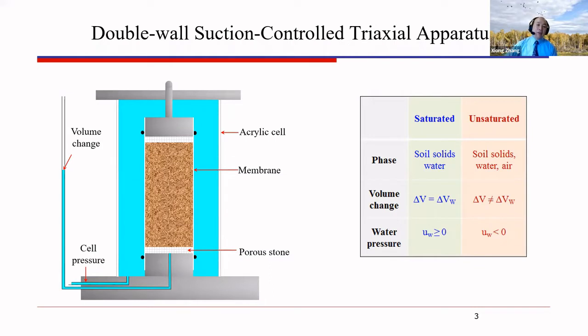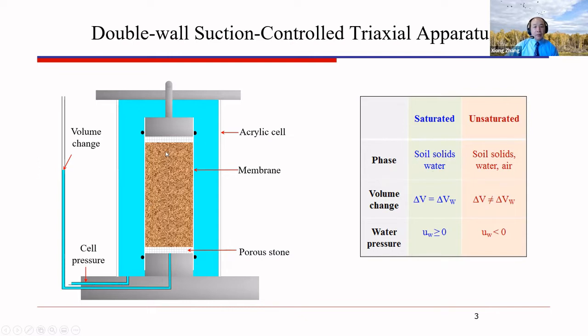Normally, if we want to design a foundation, we need to test the soil to get its volume change and shear strength. As a result, volume change is an indispensable component in triaxial testing. Normally for saturated soils, this is simple because we only have two phases: soil solids and water.